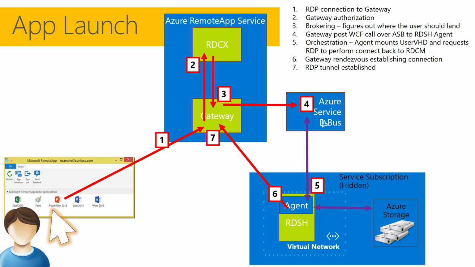These are the Azure RemoteApp instances, and they're listening on the Service Bus. So if they get a message, step 5, they'll take that message. They'll mount the user profile disk, because all the user data is on the user profile disk. They'll mount it, and then it will make a reverse connection up to the gateway. And step 7, as magic happens, the connection succeeds.